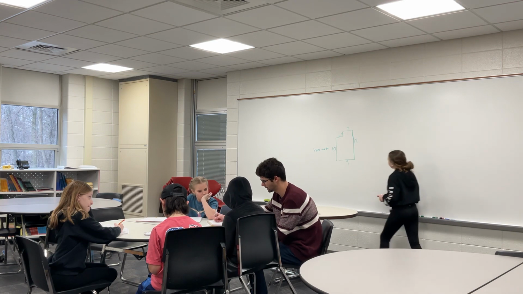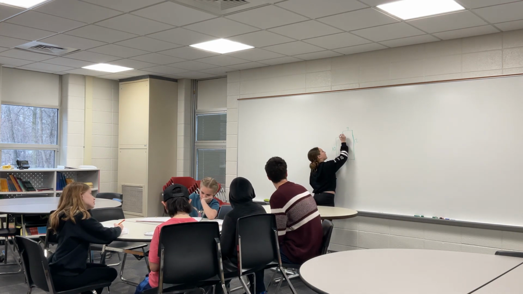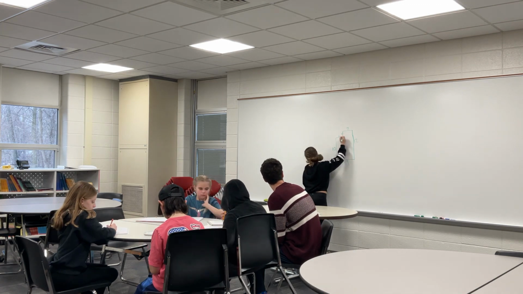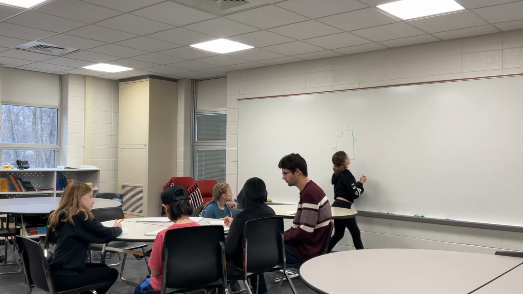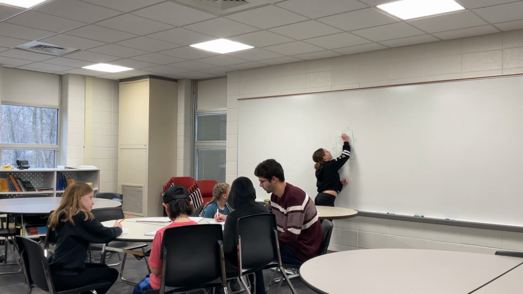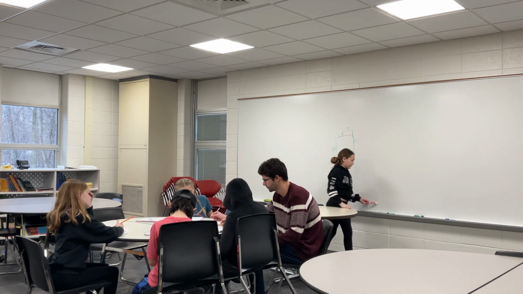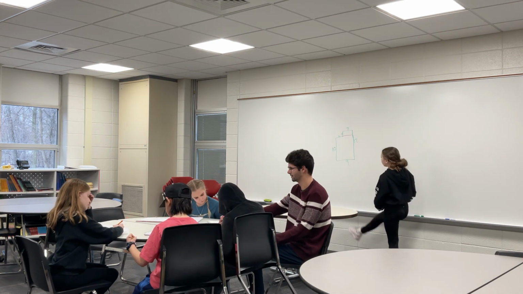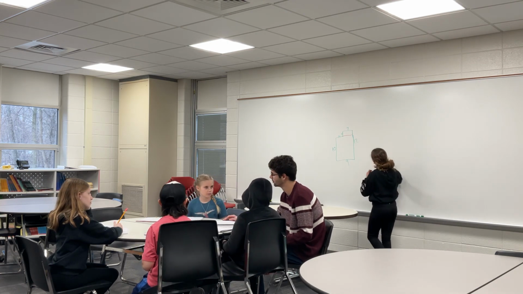I make a line right there. So area is 90, and let's do centimeters this time. We switch up our units, because they're not going to be the same all the time, right?